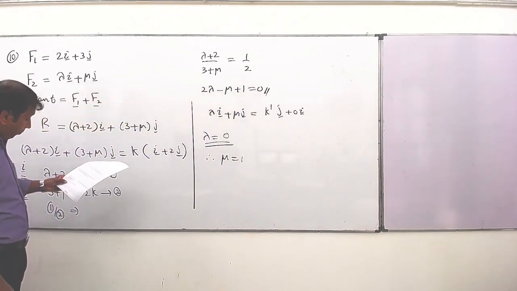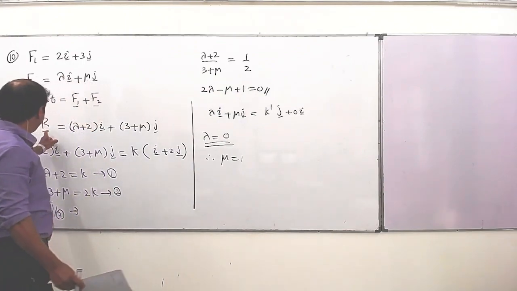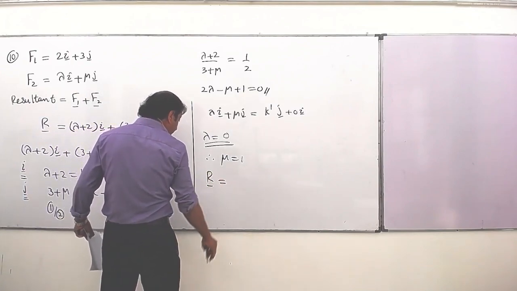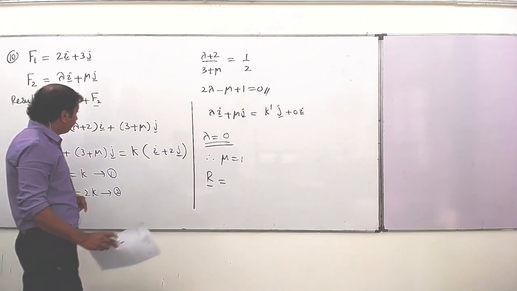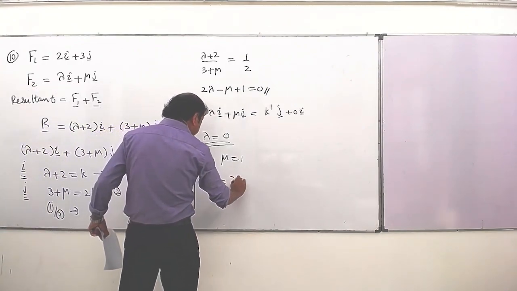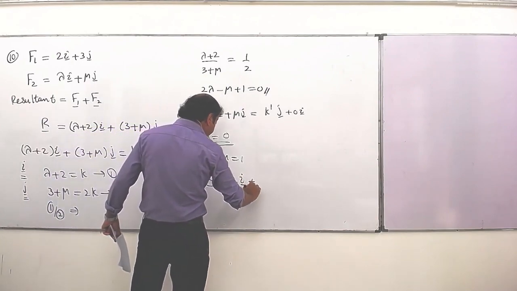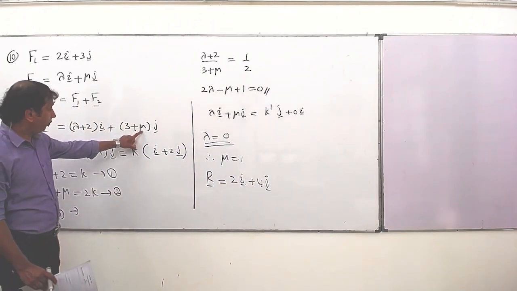Now what is it asking? Size of R, the resultant force. Resultant force is given by this. Therefore, we can write R, the resultant force, we have expressed here as a vector, no? Put lambda 0, 2i. Mu 1, 4j. Correct, no? We put mu 1.